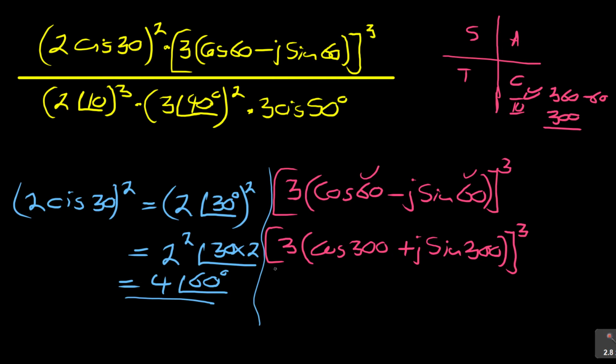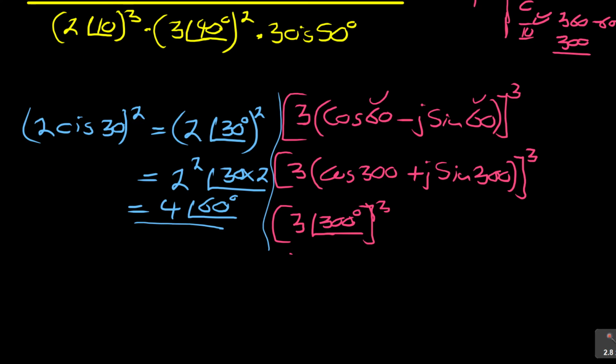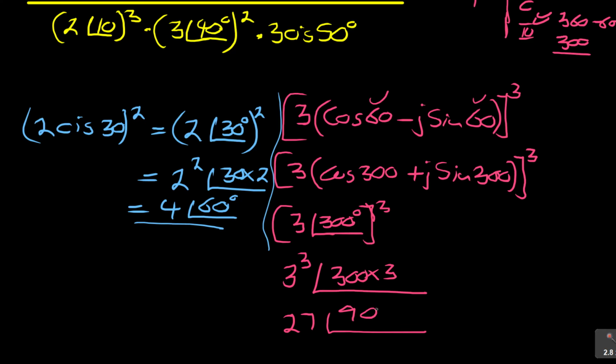Then if you're simplifying it, you have 3 (cos 300 degrees + j sin 300 degrees) to the power of 3. And again, using de Moivre's theorem like we did previously, this is same as 3 to the power of 3, and then it's 300 times 3. 3 to the power of 3 is 27, and then this gives us 900.